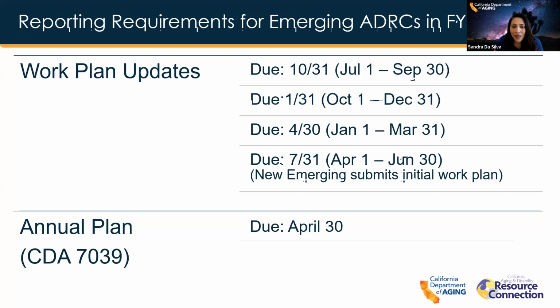The annual plan for emerging ADRCs enables us to assess ADRC program goals and objectives to expand and enhance ADRC services. The annual plan, CDA 7039, is due April 30th. Next slide, please.